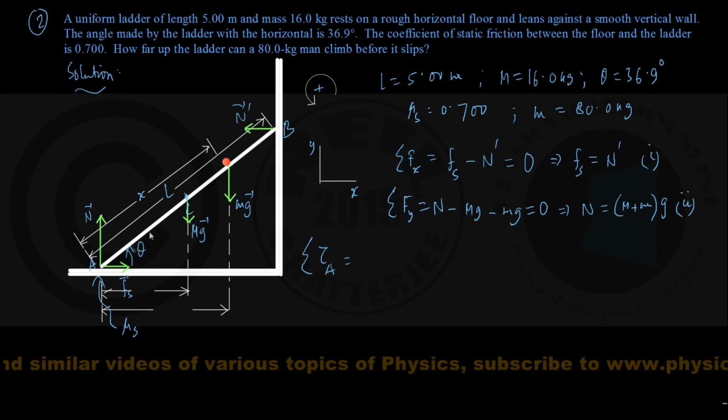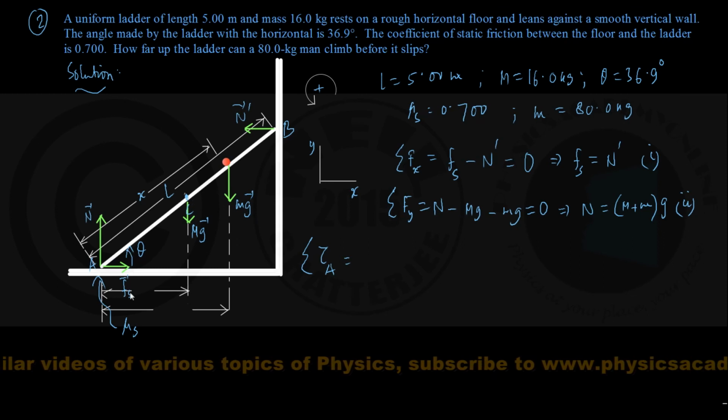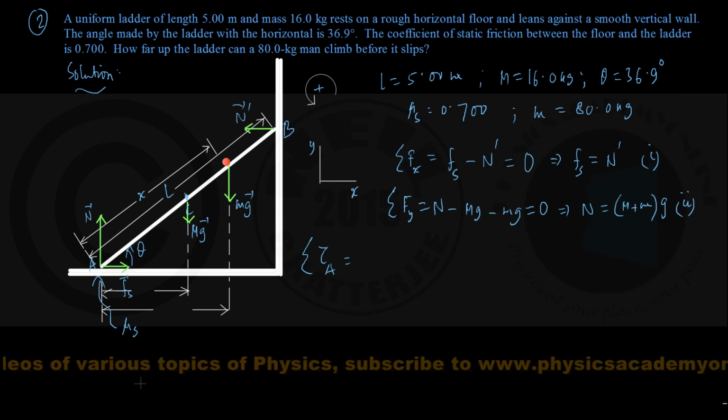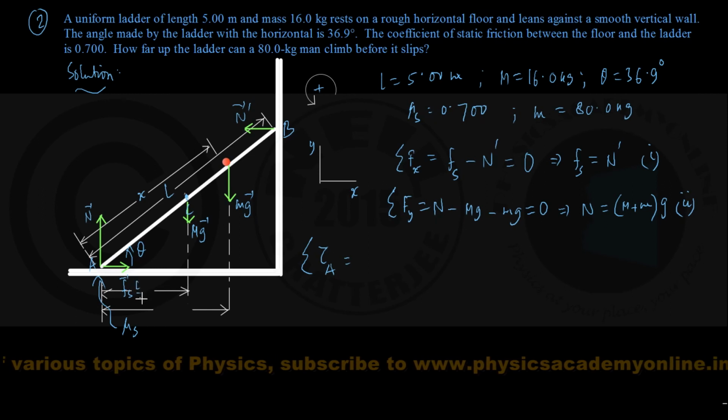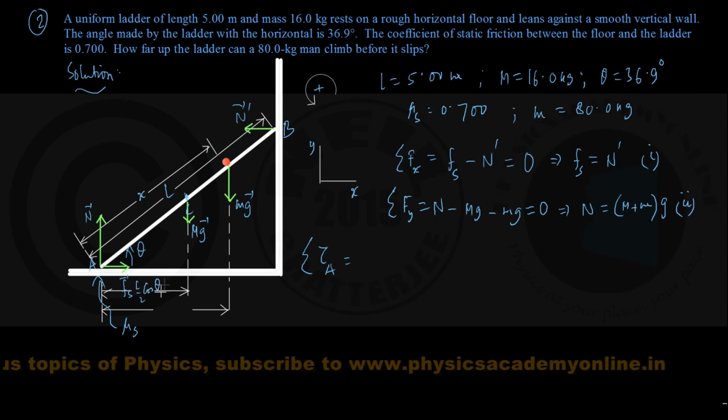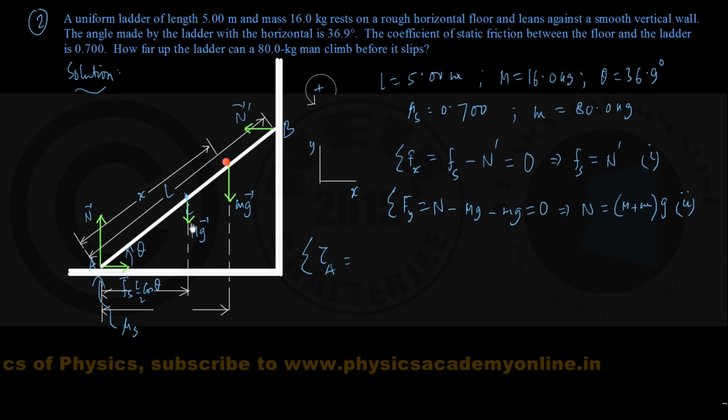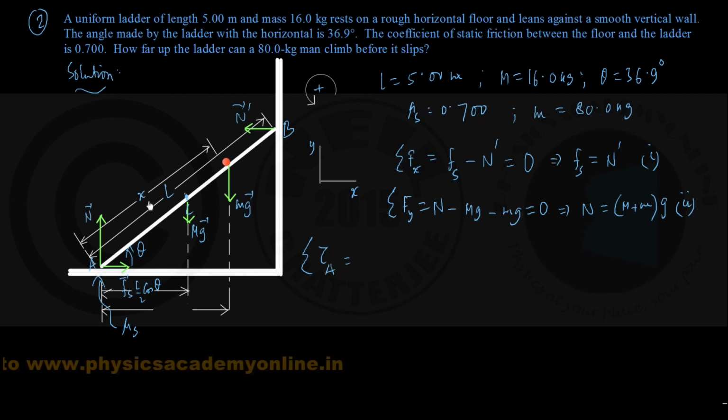So AC is L by 2, and this angle being theta, this length is coming out to be L by 2 cos theta, which is the moment arm of the force capital M into g taken about this point A. And similarly, the man is at a distance of x measured along the length of the ladder from the point A, and therefore this length being x, I can just give it some name. Let me call this point as the point D.